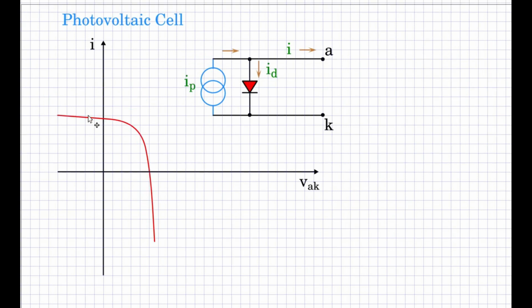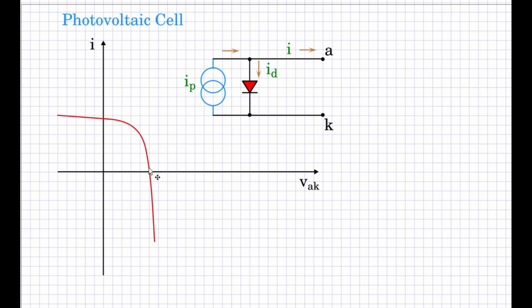Consider the IV characteristic of a typical photovoltaic cell. Observe that for some portion of the IV characteristic, the photovoltaic cell behaves as a more or less constant current source. For this other portion of the characteristic, it behaves like a more or less constant voltage source.